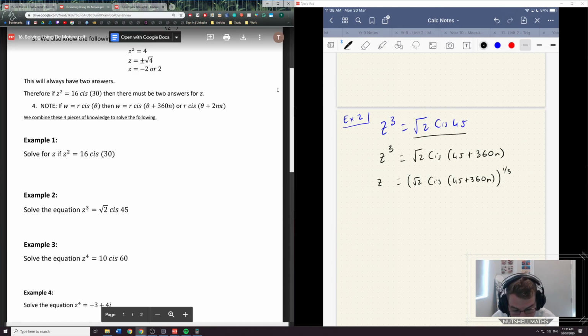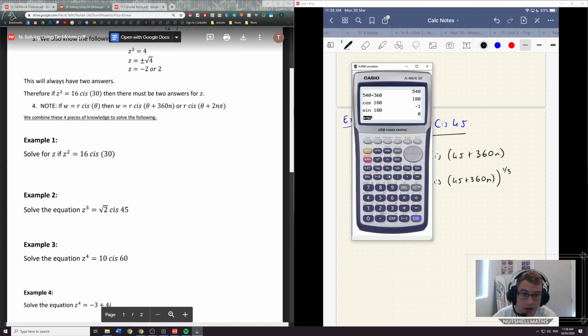Okay, and we're going to do it bit by bit. z equals, so the root 2, if you need your calculator, go for it. I happily would. You could do a couple things. I'm going to go like this, root 2 all to the power of 1/3. We're taking the third root of it, right?